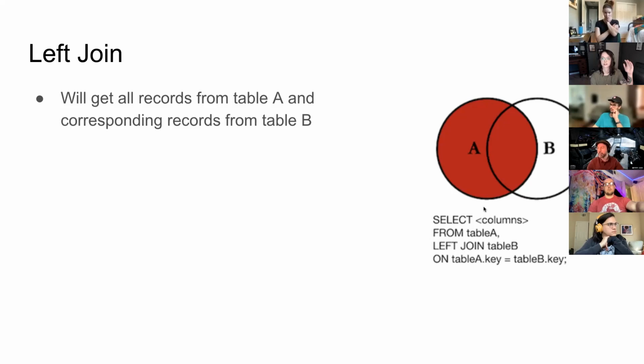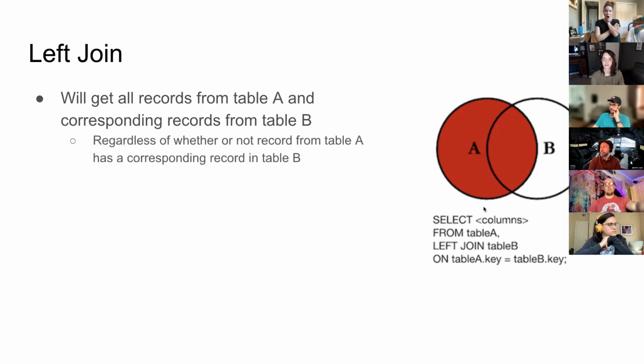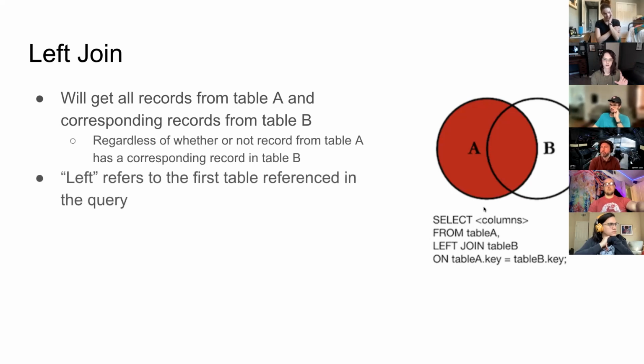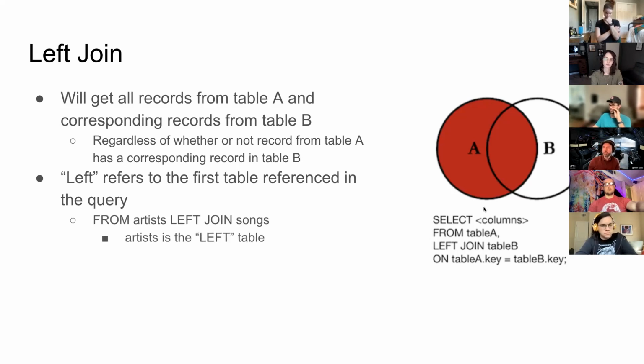It will assume you want all of table A and also the corresponding records where they exist. And left is the first table referenced in the query. We read left to right. So left join would be the first table that you reference. So if we did a from artist left join songs, artists would be the left table.